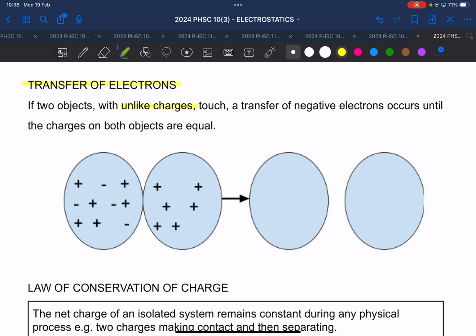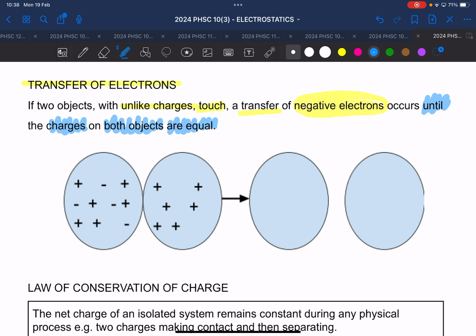So it just means they are not the same. When there's a touching, there is a transfer of negative electrons. It's only the electrons that can move. So when they touch, there's a transfer of electrons that occurs, and then, important, until the charges on both objects are equal. So they will transfer until there's no more difference in charges, until they are the same charge.